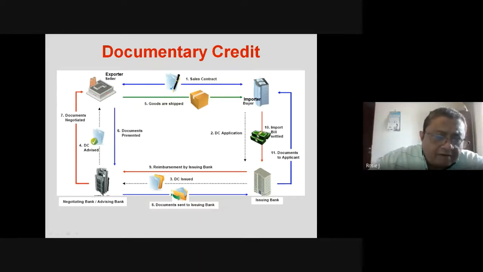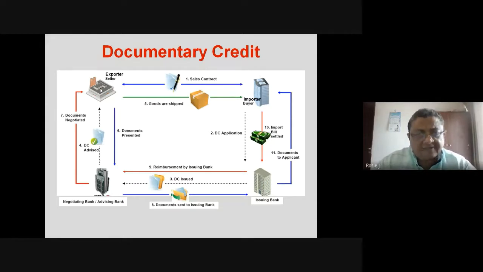Only if HSBC informs the exporter does the exporter assume that HSBC has checked that it genuinely came from People's Bank. That is the part of the advising bank, to ensure that what they tell the exporter is authentic. That was number 4.